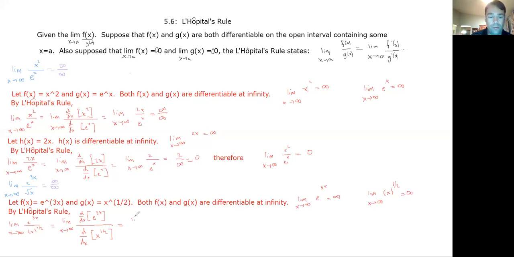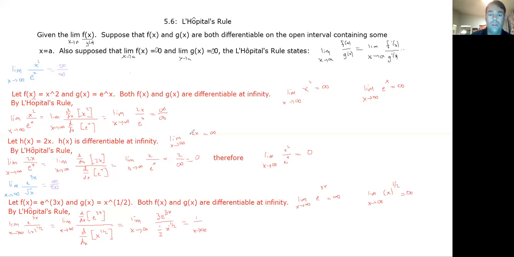So we take our derivatives now. And we end with 3 times e to the 3x all over 1/2 x to the negative 1/2. And I'm going to just move that x to the negative 1/2 up to the top.